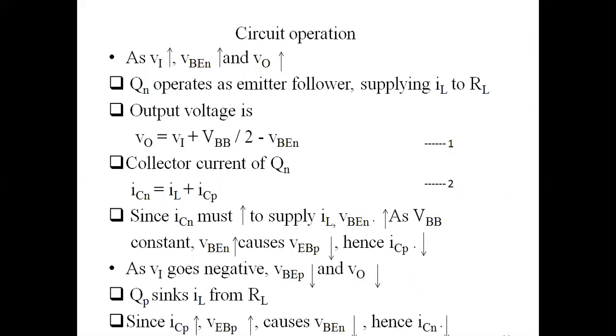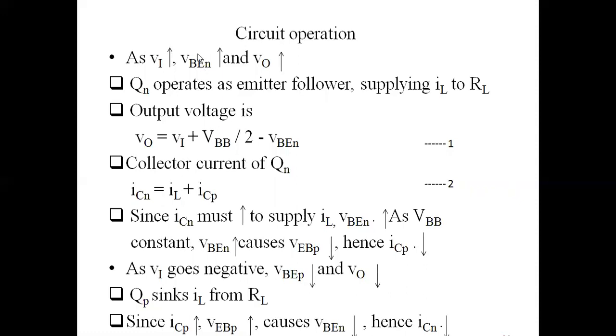Now when Vi goes positive, when our input voltage goes positive by a certain amount, the voltage at the base of the QN increases.